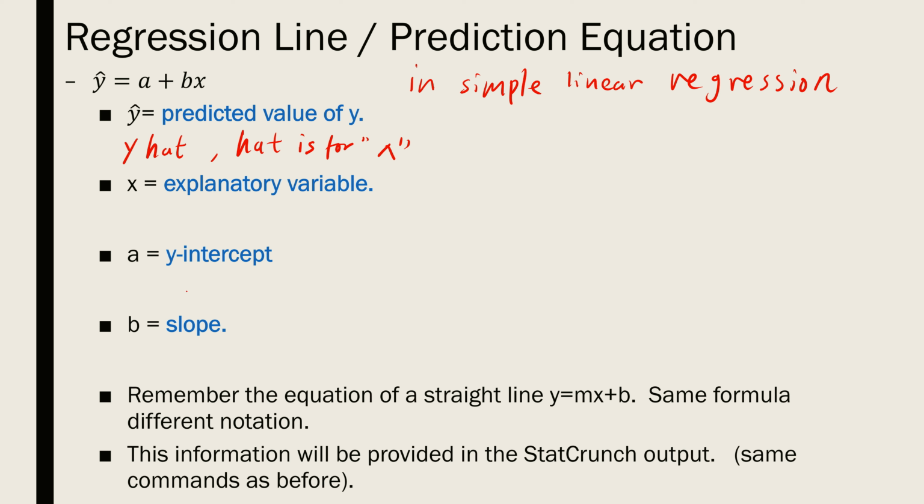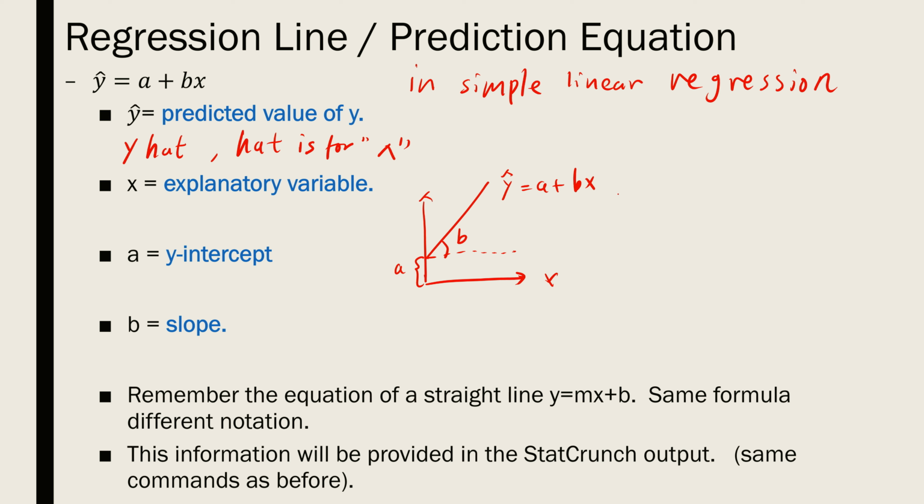A here is called the y-intercept. B is called the slope, which is the angle between the regression line and this horizontal line.